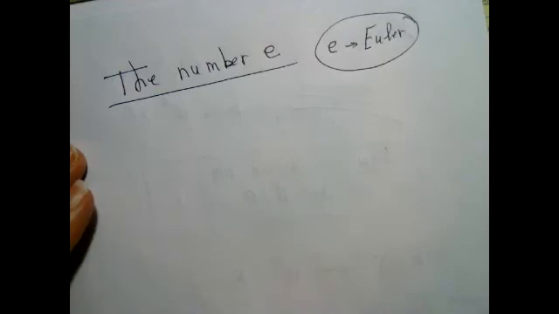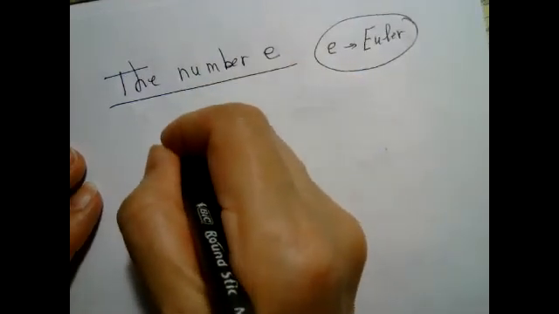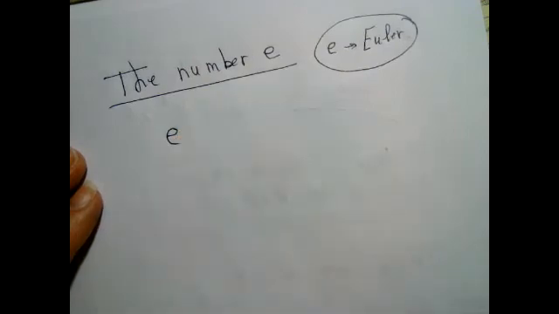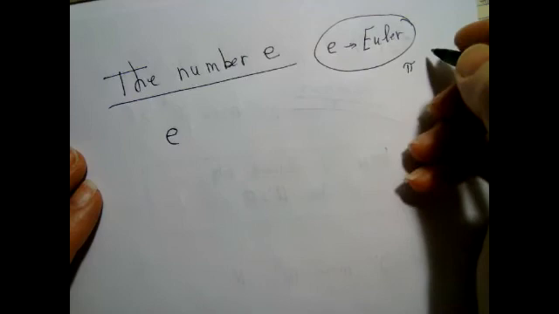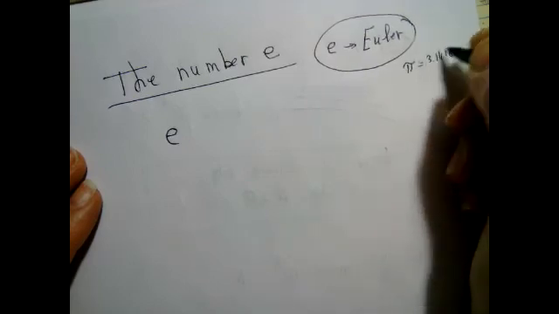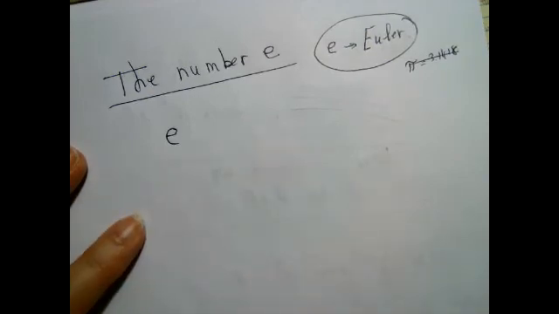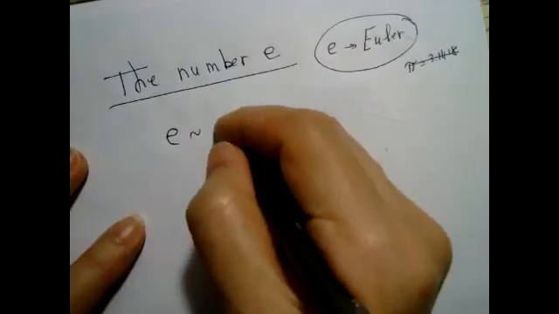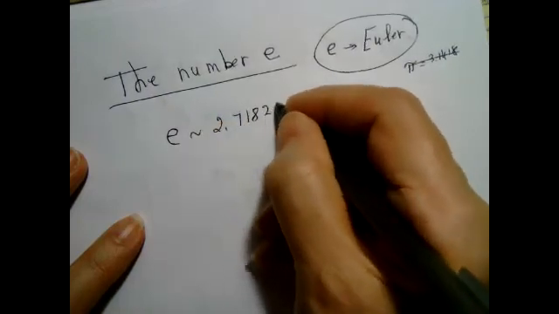It plays a big role once you study calculus. But it's a number, no more, no less, and we can approximate it. It's just like pi. Pi is a number, which is 3.1418. E is another important number in math, and it's almost equal to, and that's a good estimate, 2.71828.